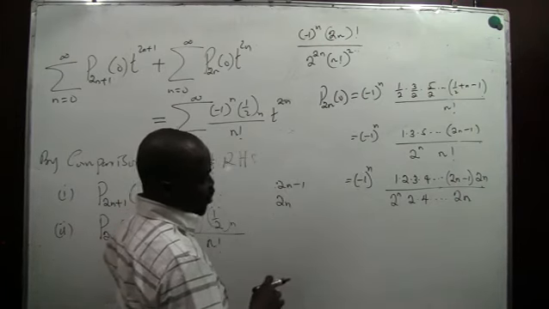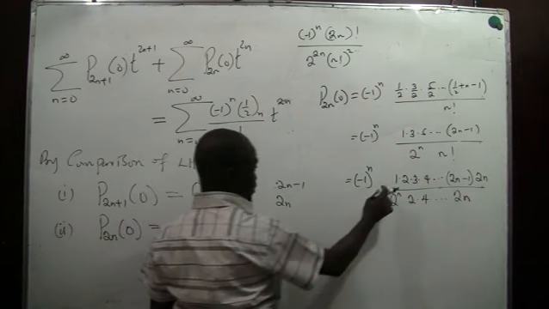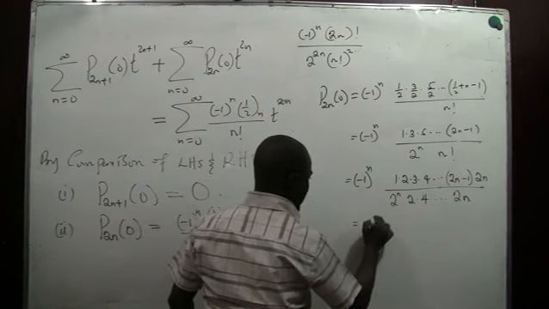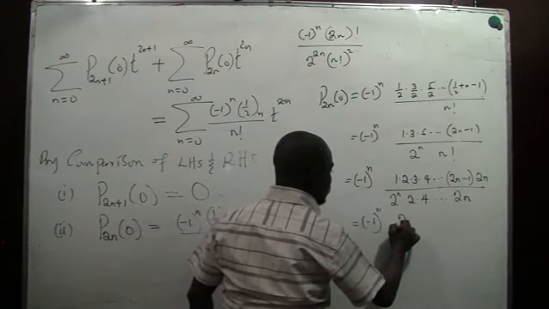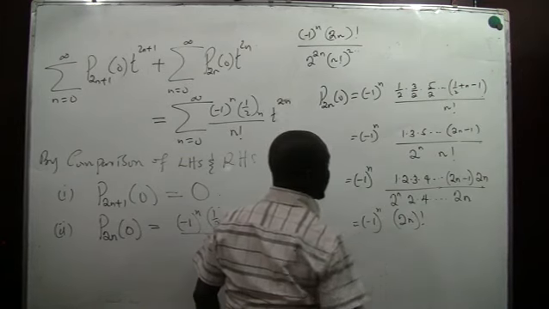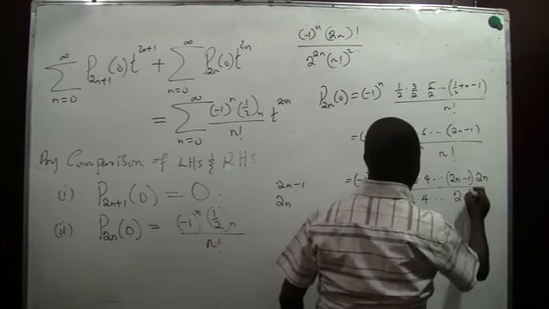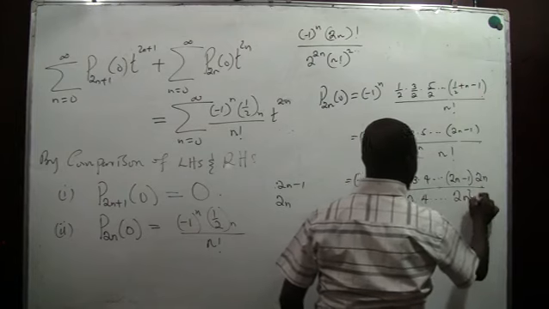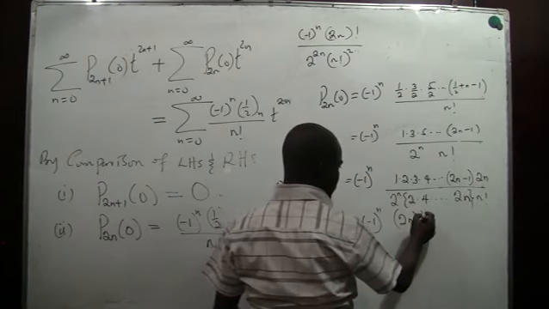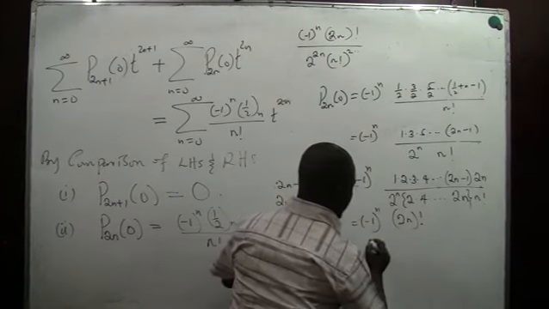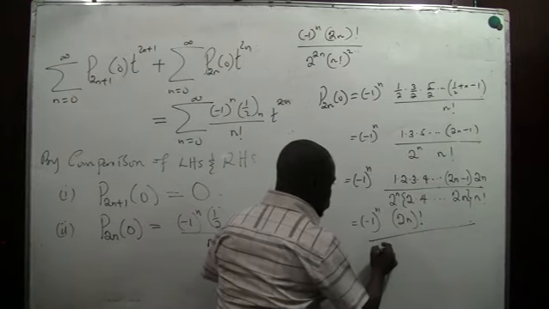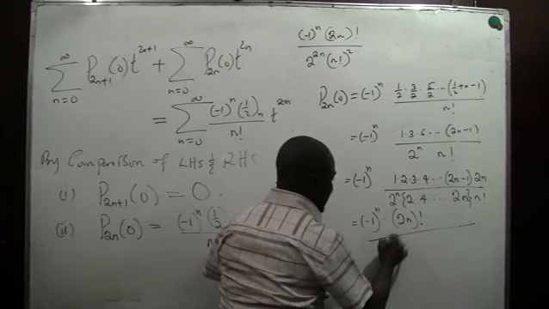What we have at numerator now is 2n factorial, because that's what it defines. (-1)^n (2n)!. A term is missing here. Let me put it this way, n factorial, all divided by 2 raised to the power n.